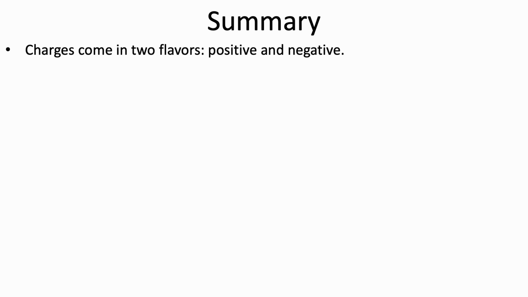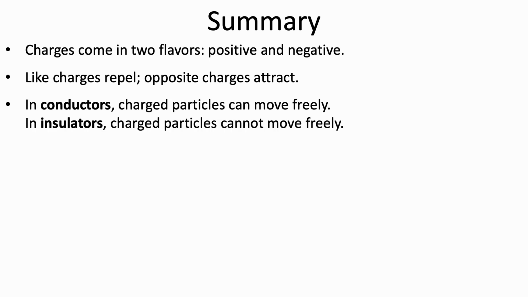To summarize this video, we saw that electric charges come in two flavors, positive and negative, and the electric force between like charges, such as two positives or two negatives, is repulsive, while the electric force between opposite charges is attractive. Broadly speaking, there are two types of materials. In conductors, charged particles can move freely, while in insulators, they cannot move freely.